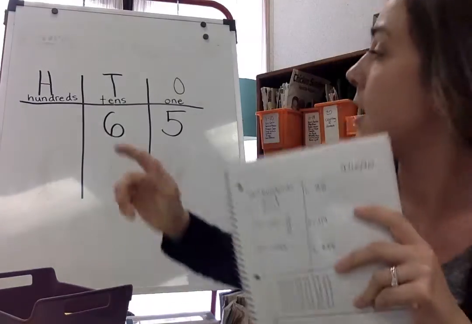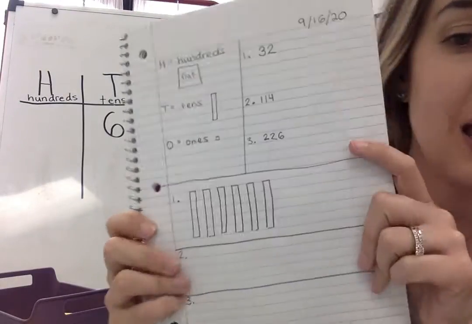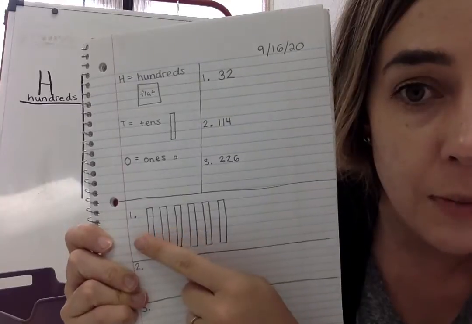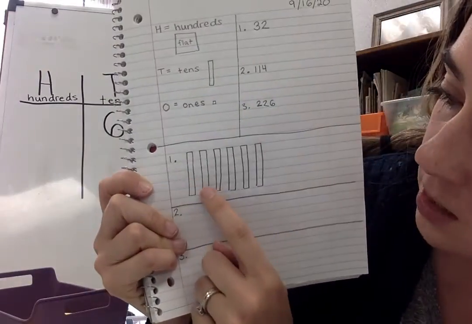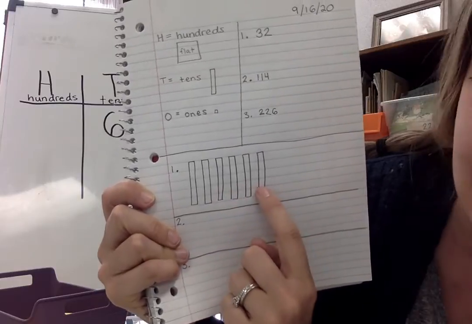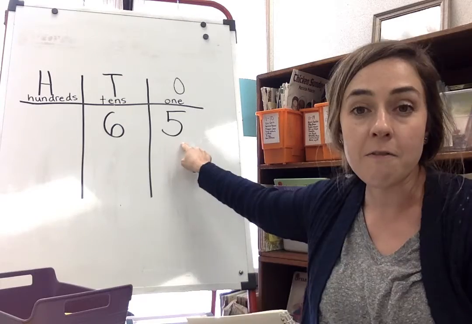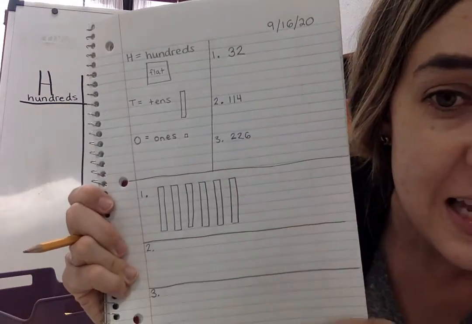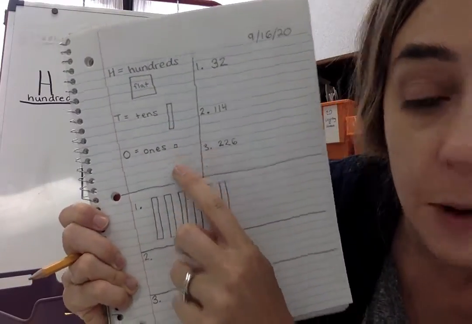In my box 1, I had the number 6, which tells me I have 6 groups of 10. A group of 10 is shown by a stick. So I have 10, 20, 30, 40, 50, 60, or 6 groups of 10. Now I have 5 in the ones place. So if I look back at my note, I see that to use base 10 blocks to show 1, it's a small cube.